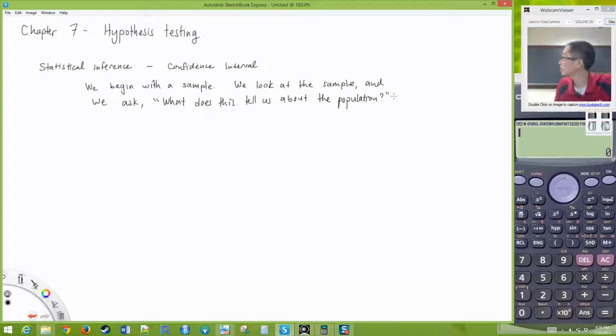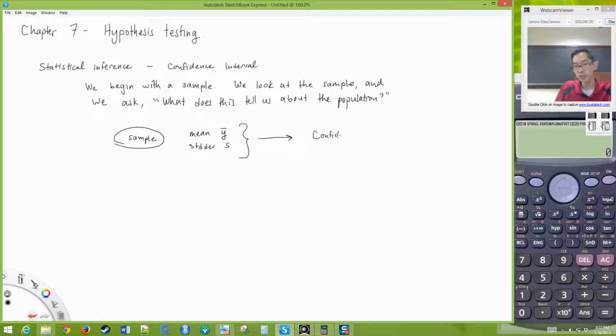The premise there is that you've got this little sample, and the sample has a mean, y bar, and it has a standard deviation, s. And based on these two things, we create a confidence interval for mu, and mu is the population mean.